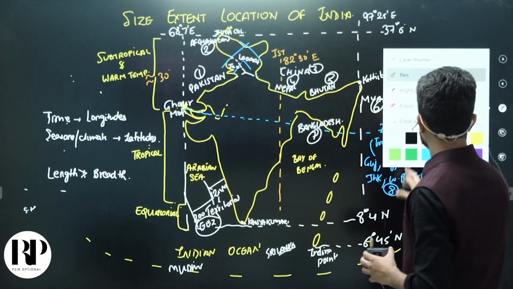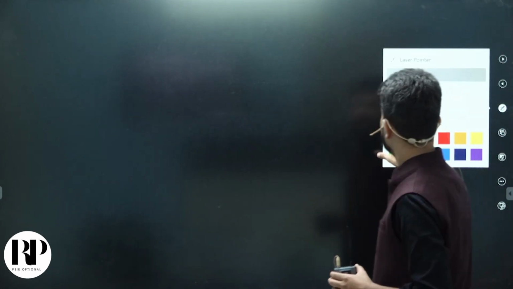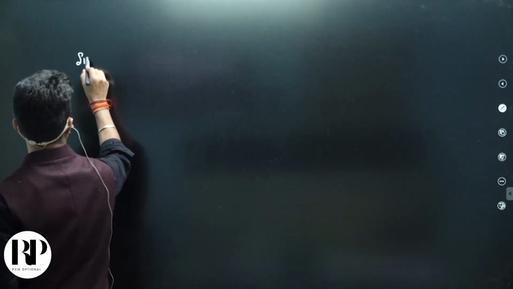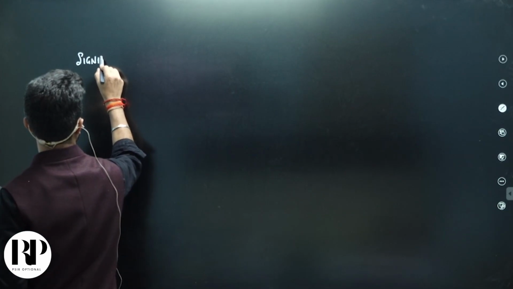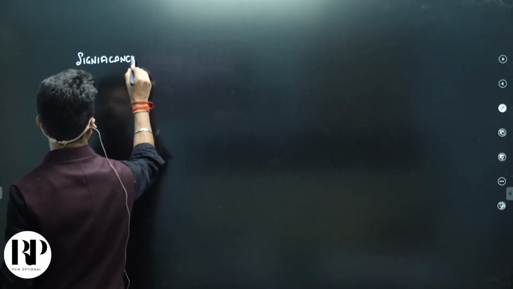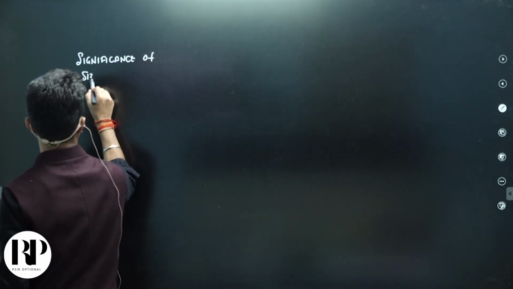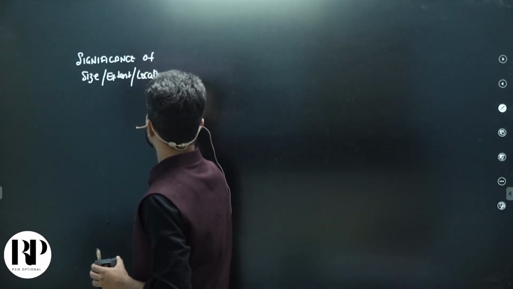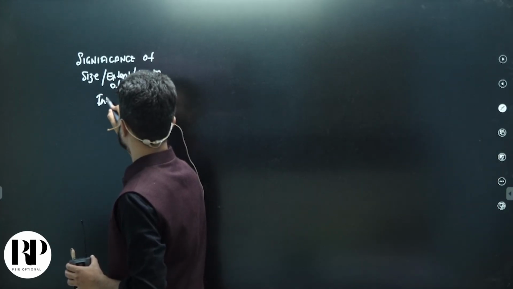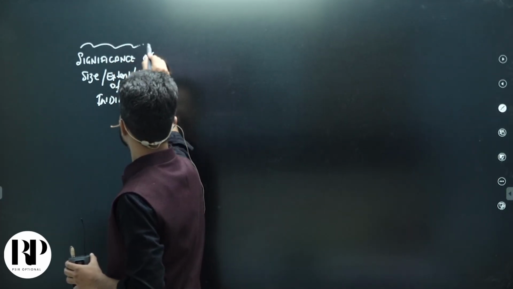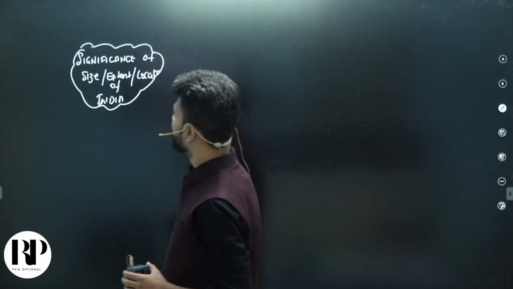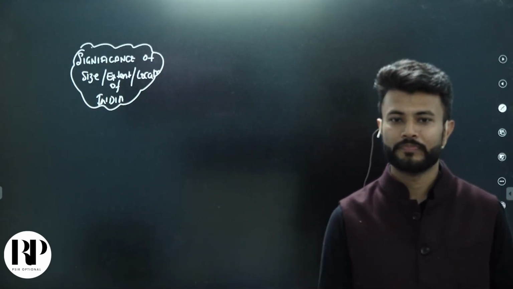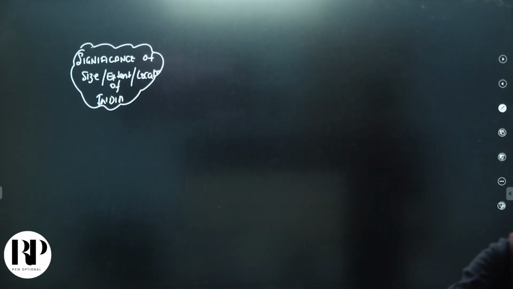Now you have to tell me the significance of size, extent, and location of India. I'm giving you 1 minute. Just write down all the things which are coming to your mind on the page, and then we'll see. Okay, the time starts now.